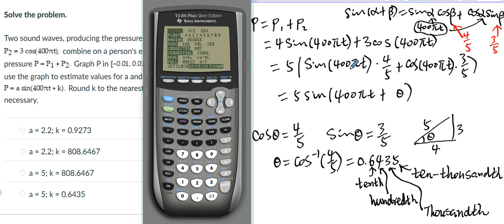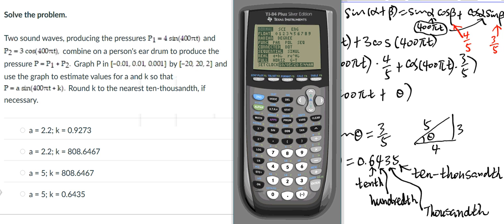Okay, this is not the graphing way. The question here is asking you to do the graphing way. So let's see how to do the graph.